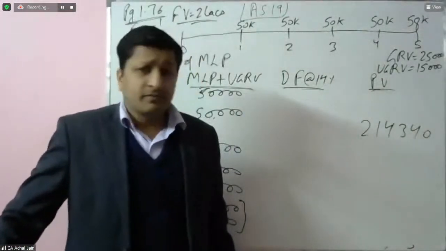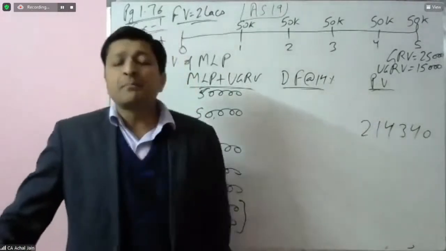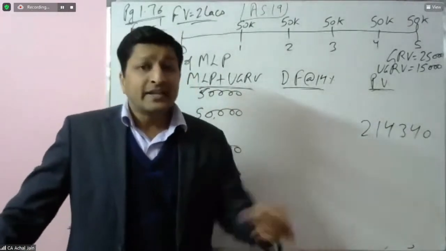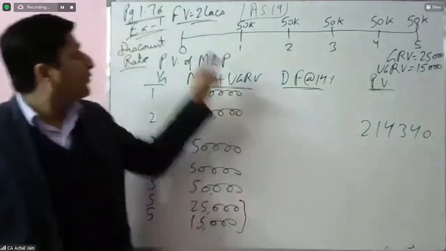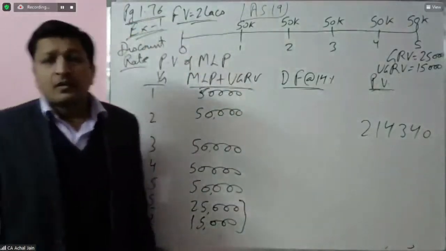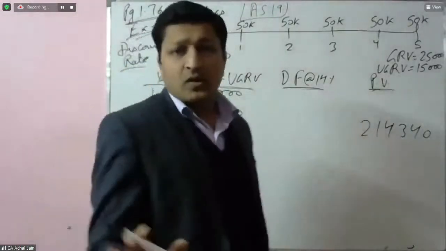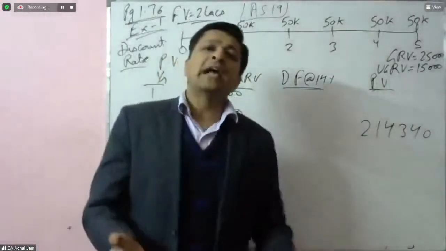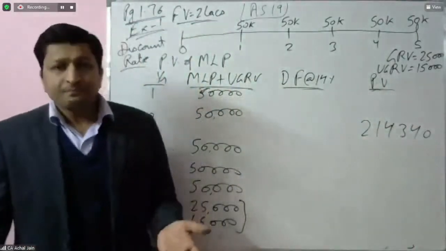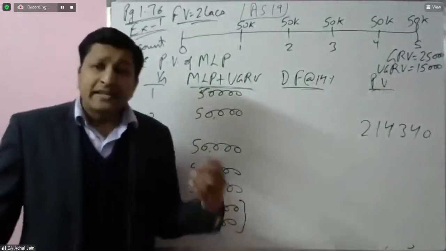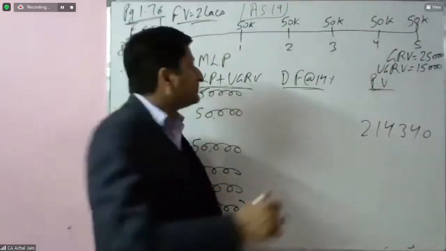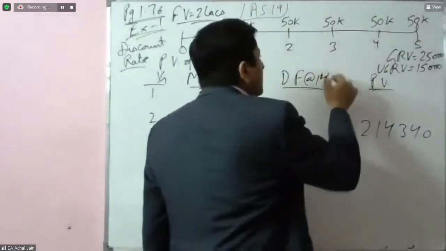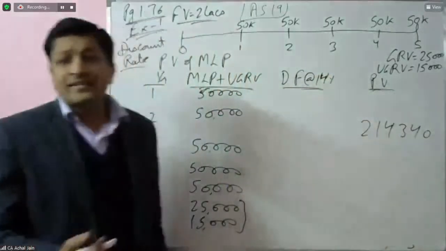What is our objective? Our objective is to keep computing the present value till the time it becomes equivalent to fair value. In the first attempt, it didn't work. We are just doing a trial and error method. In the first attempt, we have failed, so now we need to try this again.